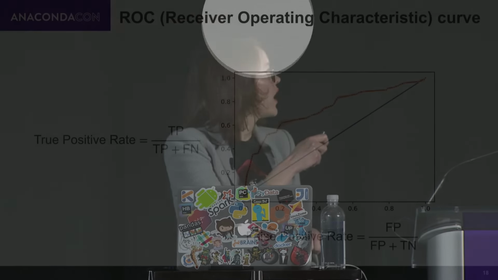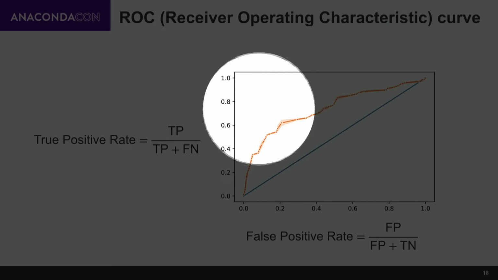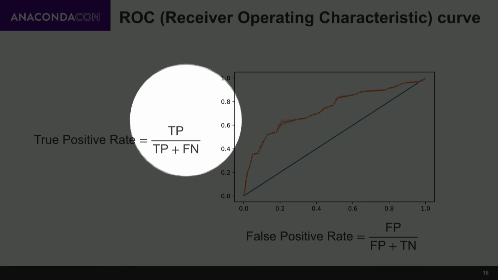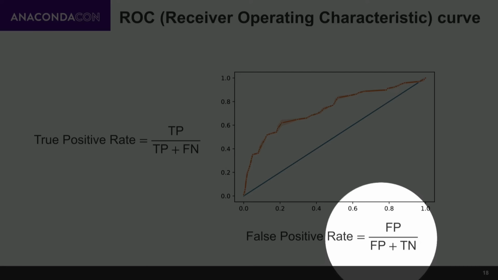And the next question is if it's a good curve or a bad curve. And to me, it was helpful to think of the best case scenario, the ideal unicorn sort of model that can perfectly split the two classes without making any mistakes. In this case, the true positive rate for such a model will be 1, and the false positive rate will be 0, because we're not going to have any false negatives, and we're not going to have any false positives.